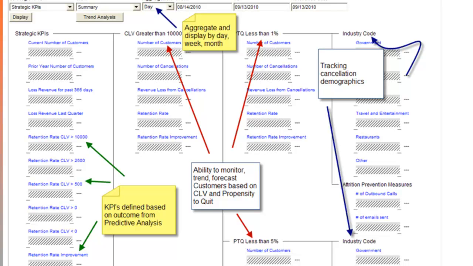Really, it is a blank sheet that we start with, and from there we build the appropriate KPIs to support the outcome of the analysis we conducted on your behalf, so that you can measure and track the impact of the actions on each of your customer segment groups in terms of customer lifetime value and propensity to quit, and how those actions are impacting customer retention and attrition.